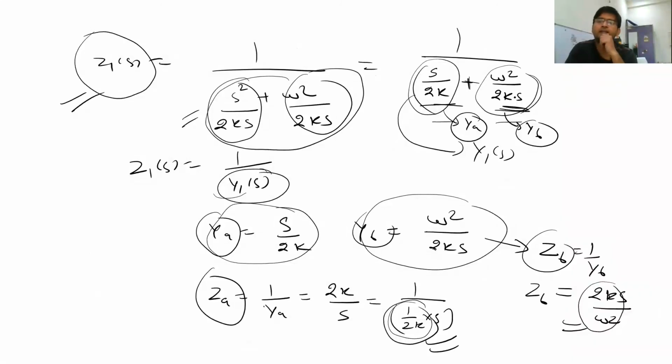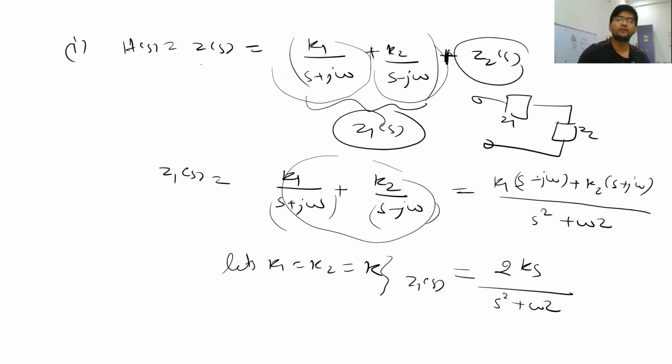If two admittance functions are in summation, they must be representing a parallel circuit. So we have a parallel circuit with impedance values ZA and ZB, which are reciprocals of YA and YB. We found ZA and ZB, and thus the values of the corresponding capacitor and inductor.